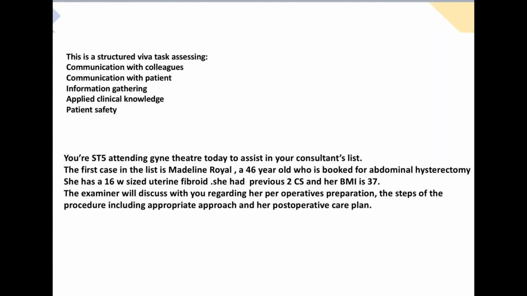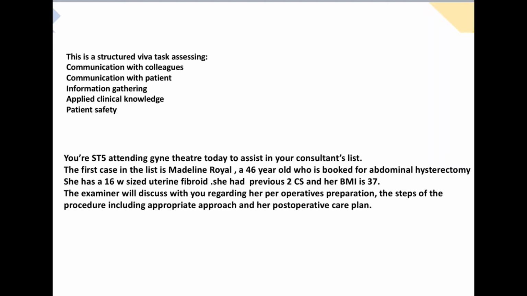And also regarding her BMI, it's mentioned here, but if it is not mentioned in your stations, it's very important to ask about the patient's BMI, because it will give you an idea about the possible precautions you need to take, especially in moving and handling the patient, the incision, the dressing you are going to put, the closure, suture material, and different things.